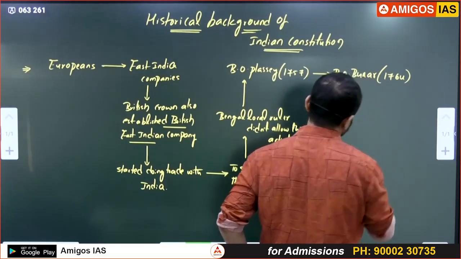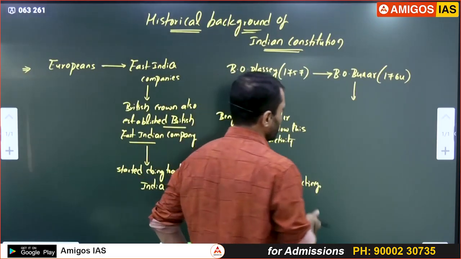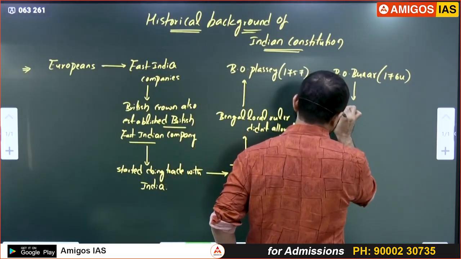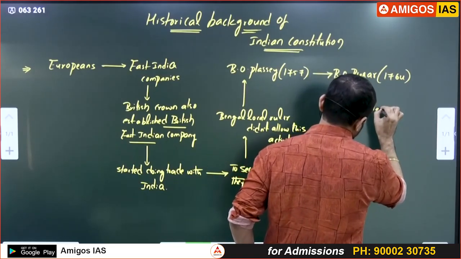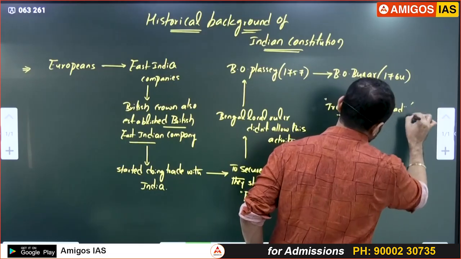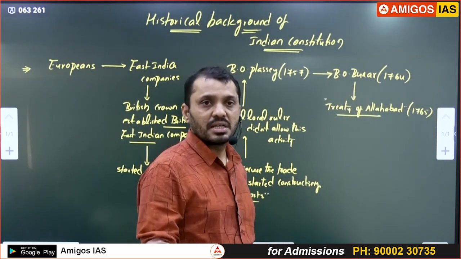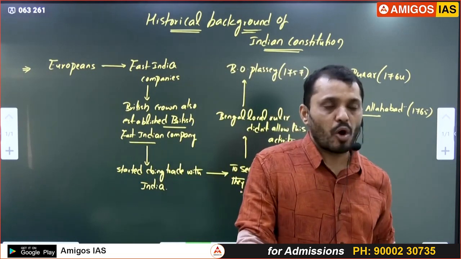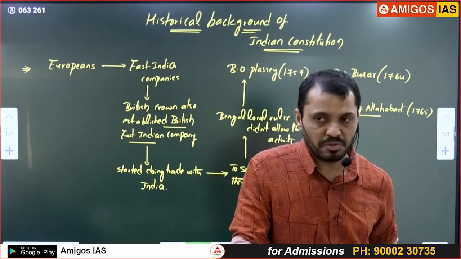After this Battle of Buxar, the Treaty of Allahabad was made. According to this treaty, the East India Company got tax collection powers, popularly known as Diwani rights.